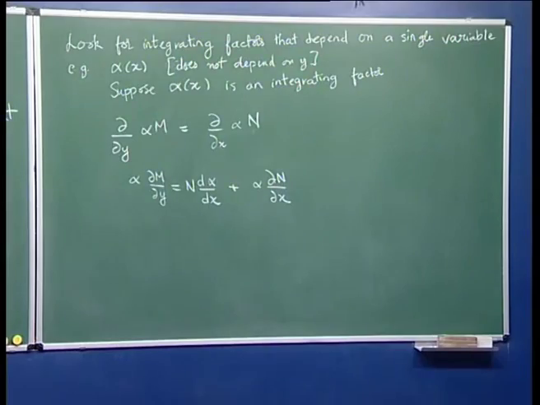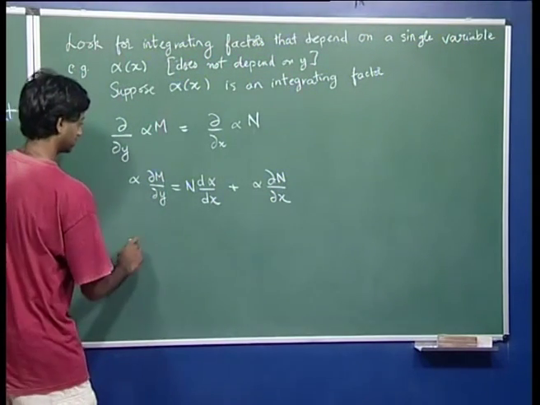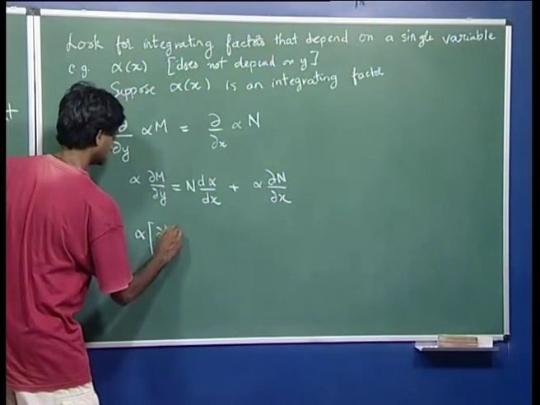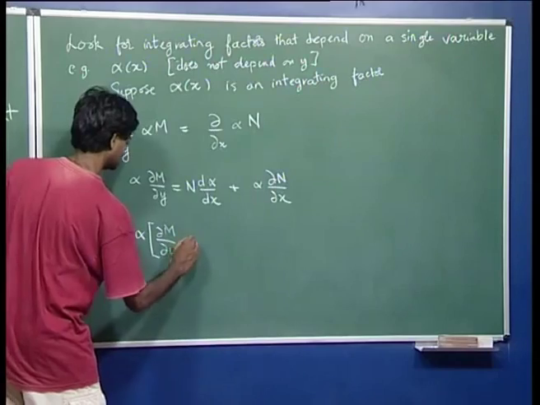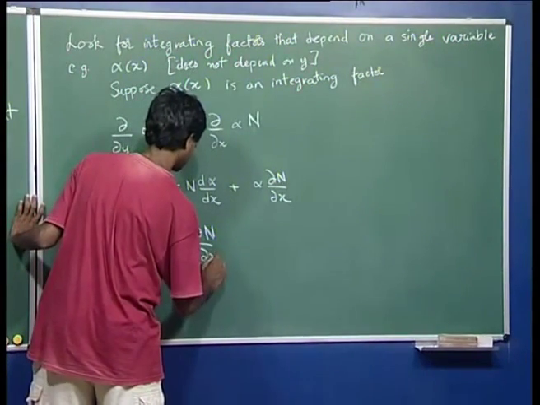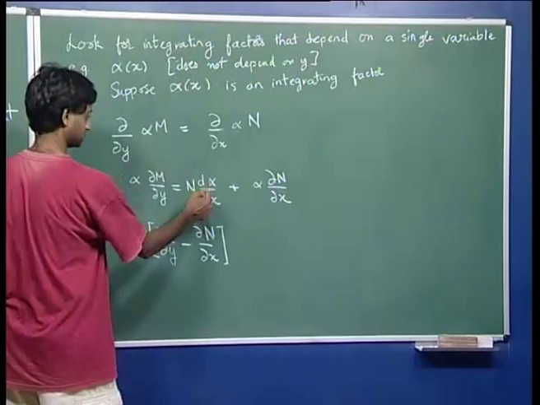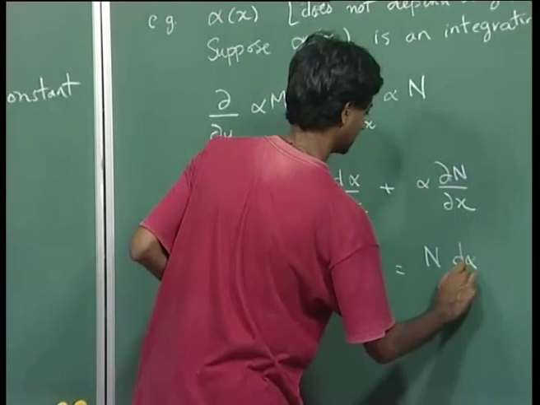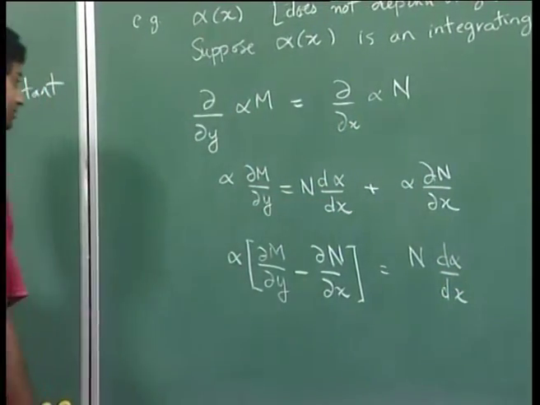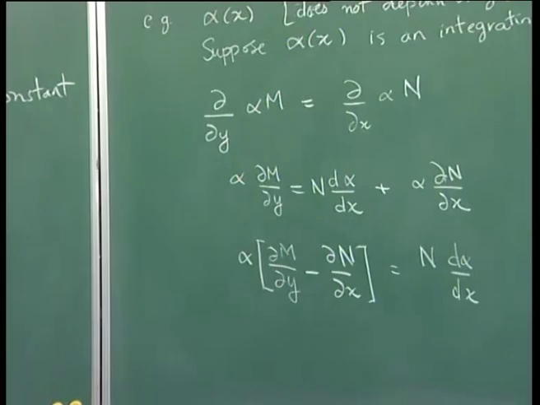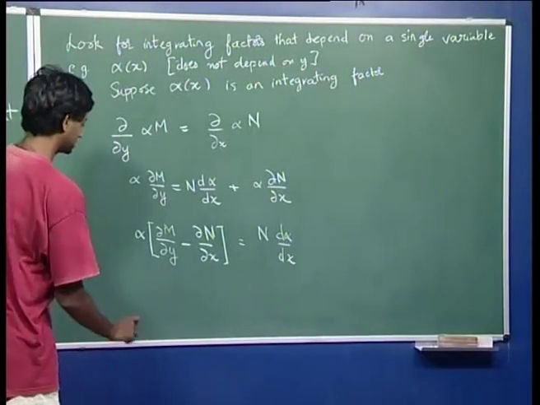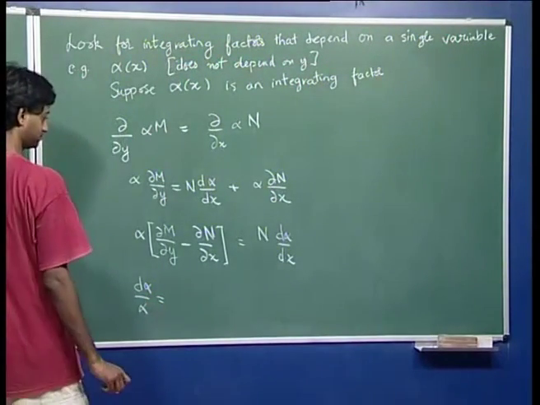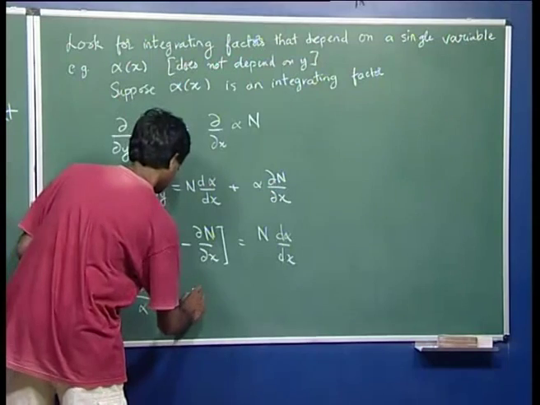And now I can rearrange this equation to write it as alpha times dou M by dou y minus dou N by dou x, bringing this to this side, is equal to N d alpha by dx.